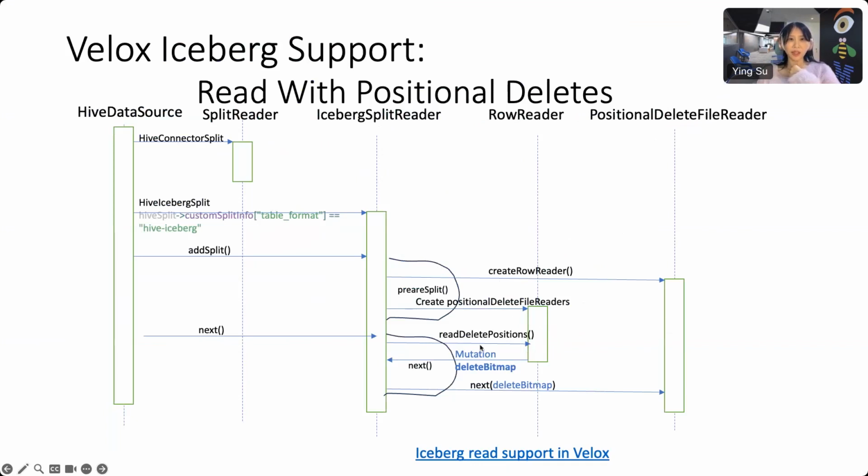Then this would return a delete bitmap, be wrapped in the mutation object, and then passed to the row reader's next function. These delete bitmaps would then be applied to the initial row sets of the column readers, and the results would be returned by get values. This is the same for Hive, so I'm not introducing it here anymore.